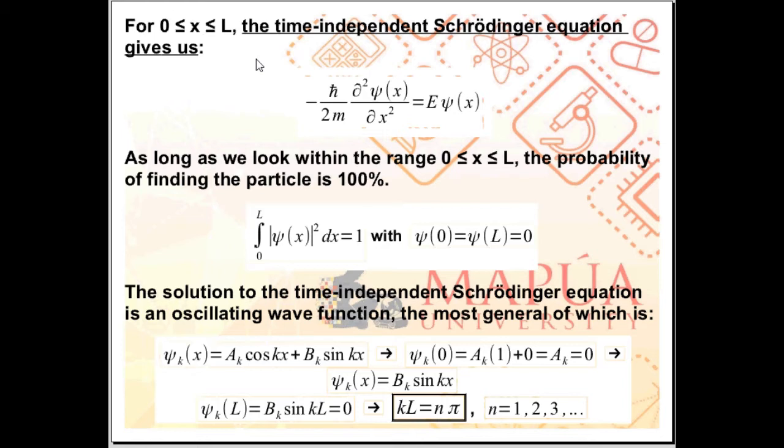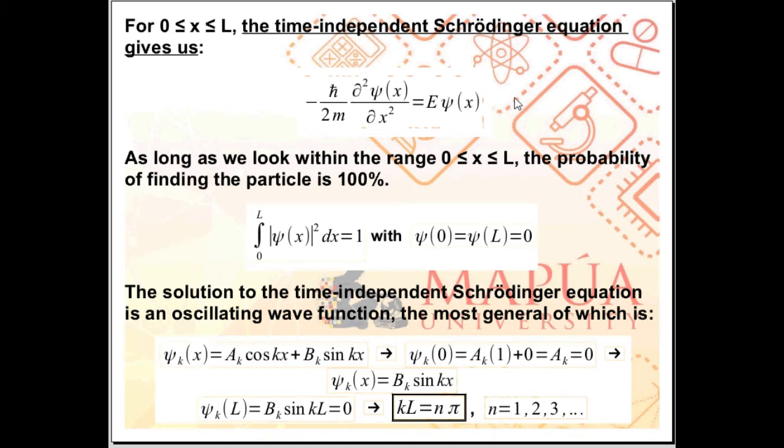U is equal to 0, that means the term U times psi will be 0, leaving us with negative h bar squared over 2m times the double partial differentiation of small psi is equal to E times small psi.